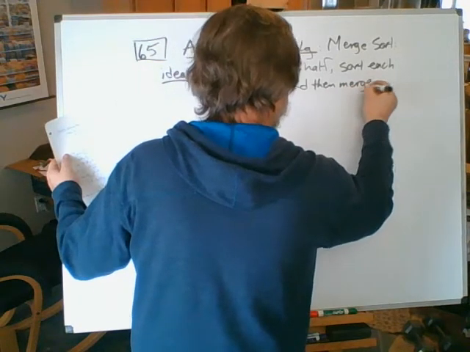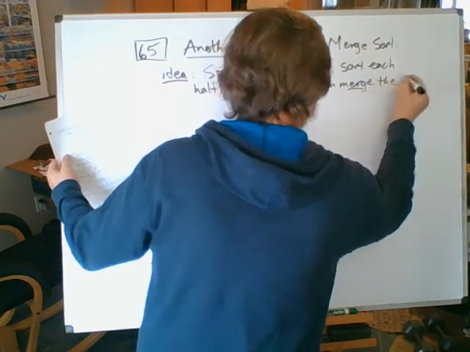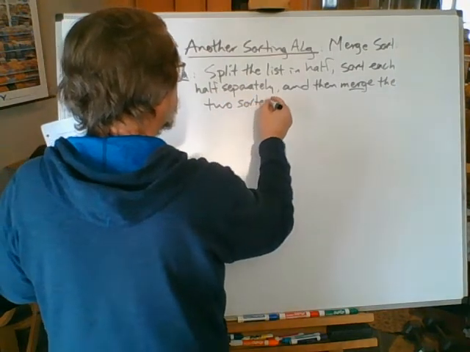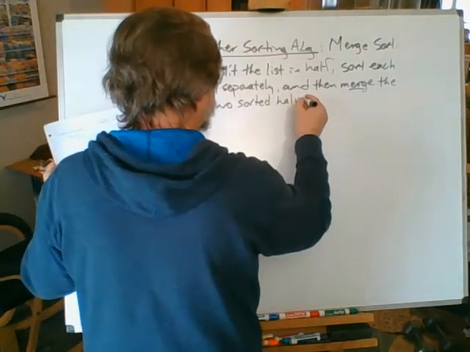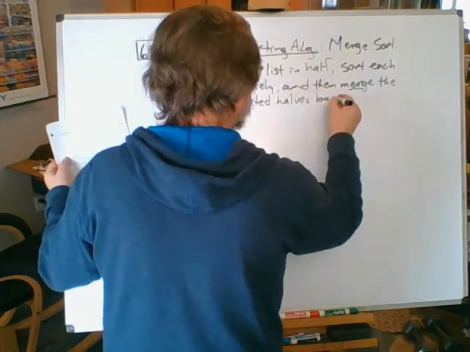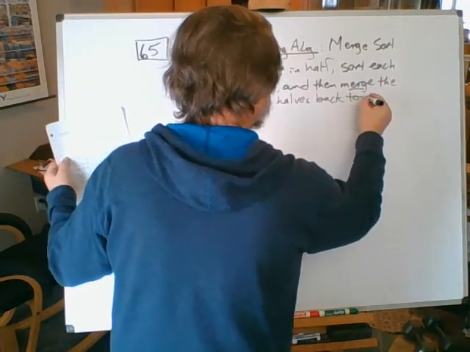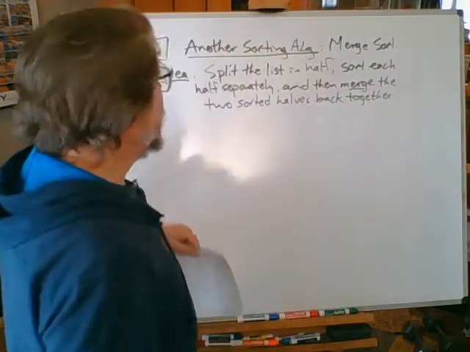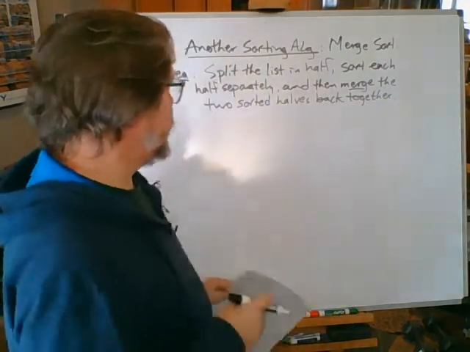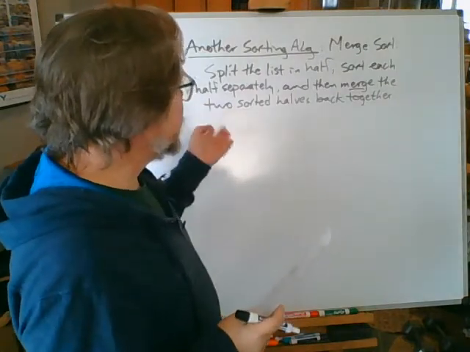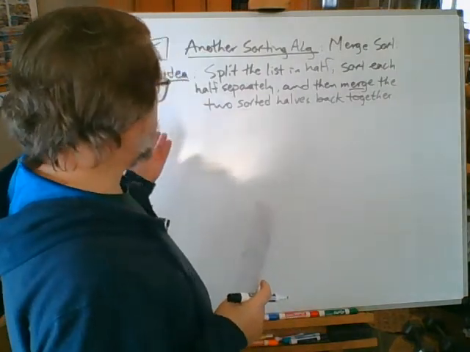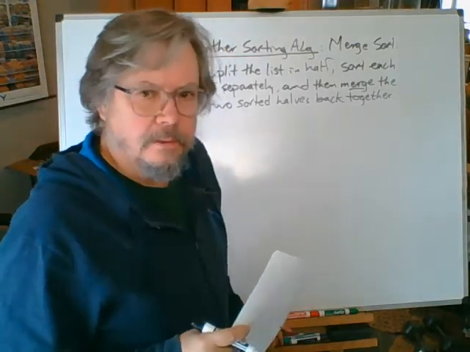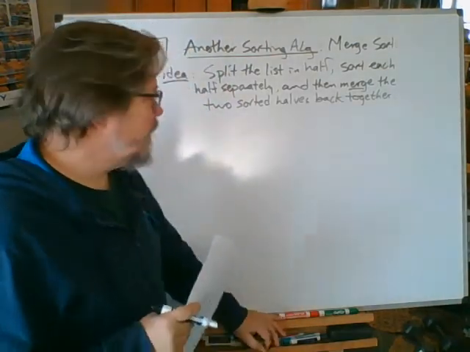Thus the name. There, a short and sweet summary of what merge sort's going to do. What it will do is split the list in half, sort each half separately, and then merge those two sorted halves back together. How simple is that?